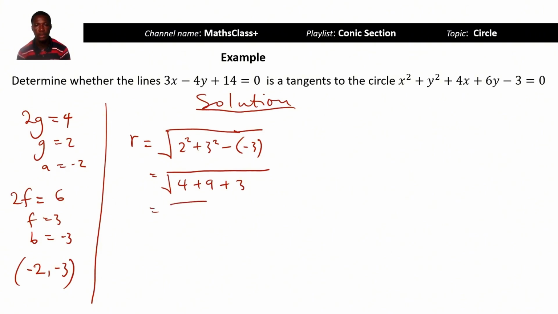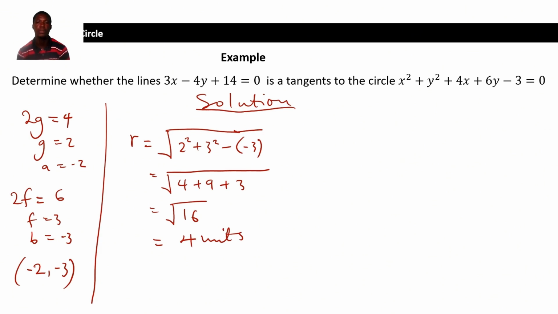And that is root of 16, which is equal to 4 units. Now with the length of the radius obtained, I'm now going to compare with the length of the line.